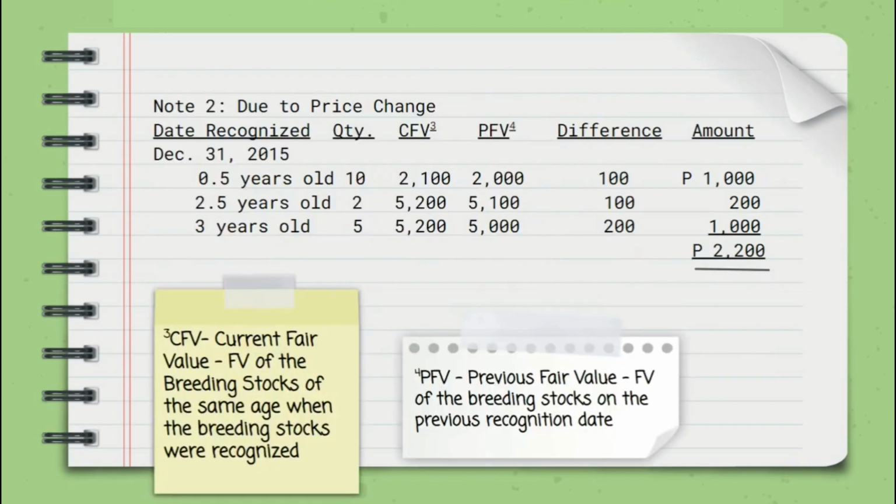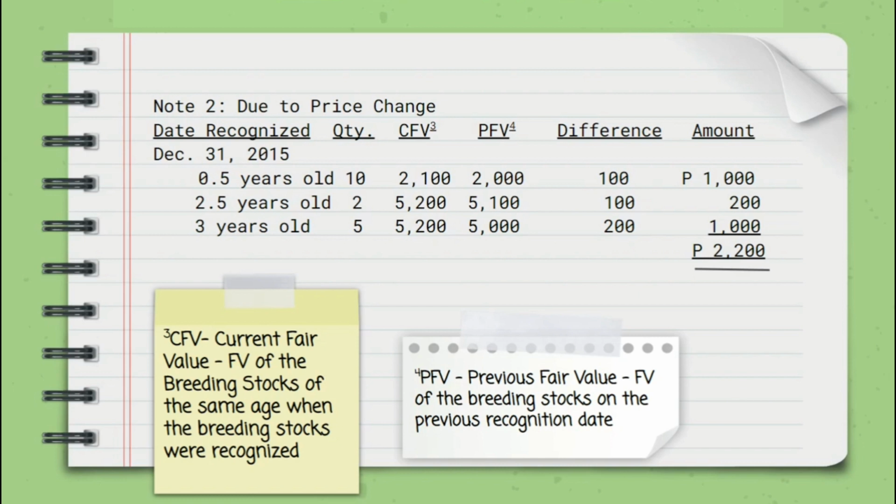First, we have to account for the date recognized, the quantity, the current fair value of the biological assets, which is the fair value of the breeding stocks of the same age when the breeding stocks were recognized. And next is the previous fair value, or PFV, which is the fair value of the breeding stocks on the previous recognition date.